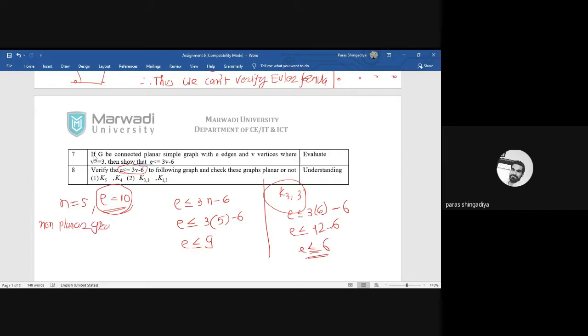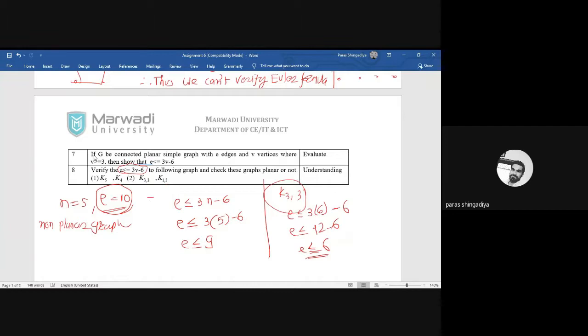Where vertices are 5, edges are 10, clear? So let's verify by using this condition.